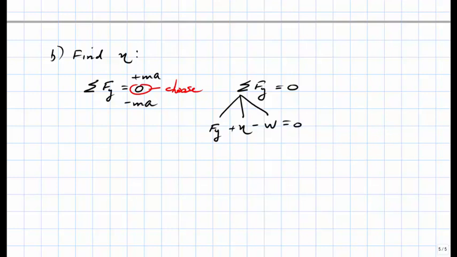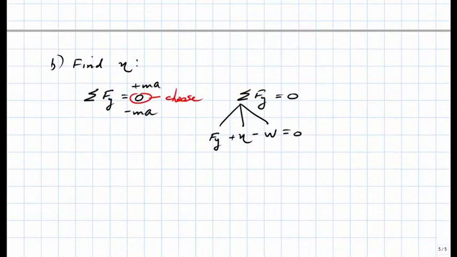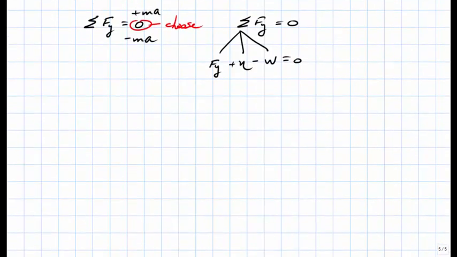That will equal 0. You might be wondering why I'm not entering F sub y in as a negative, and the answer lies in the fact that F sub y is already designated as a negative component when we did our component analysis. So it will have the negative designation once we roll this value into the equation. So F sub y has a value of negative 39.12.